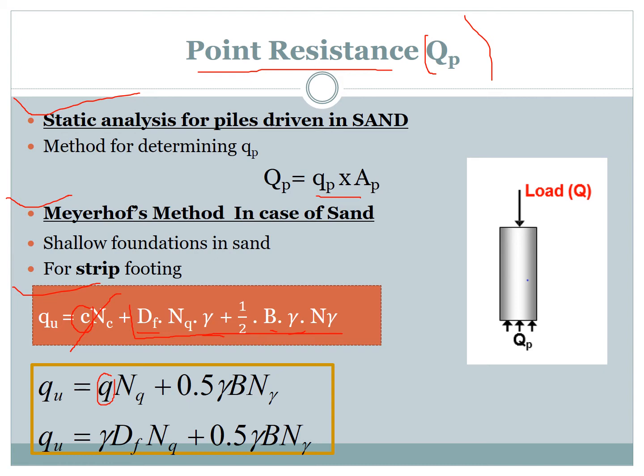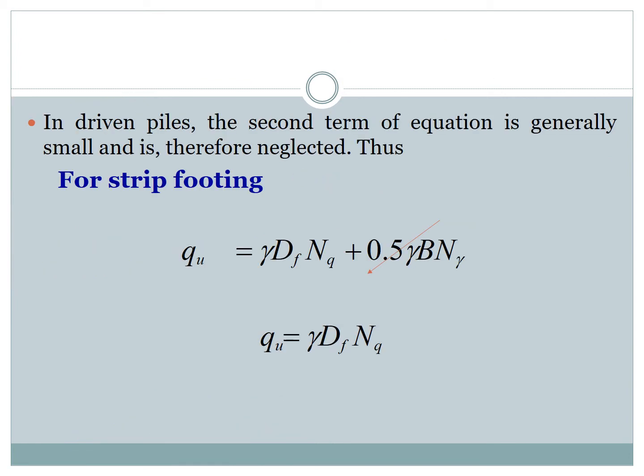So the remaining equation is q Nq plus 0.5 B gamma N gamma. In the case of a driven pile, the second term of the equation is generally small and is therefore neglected.